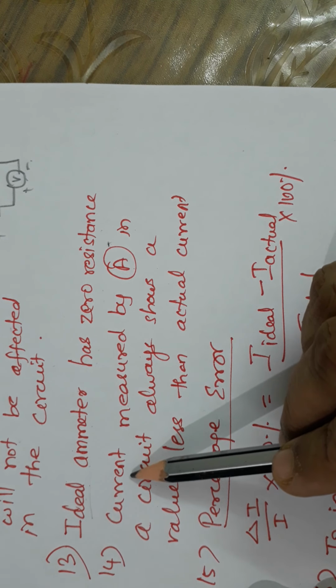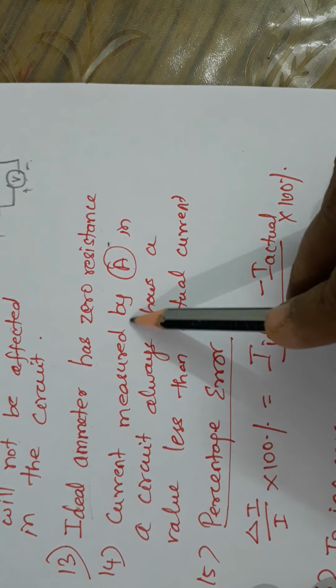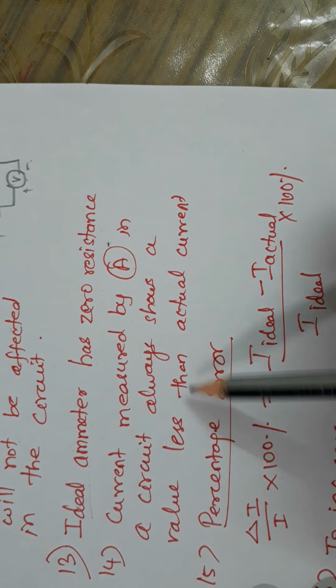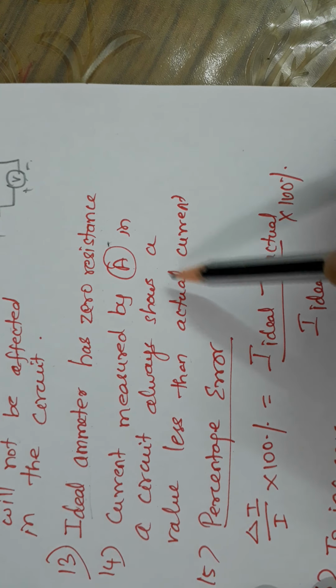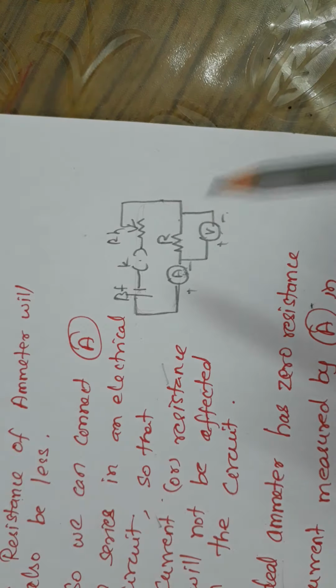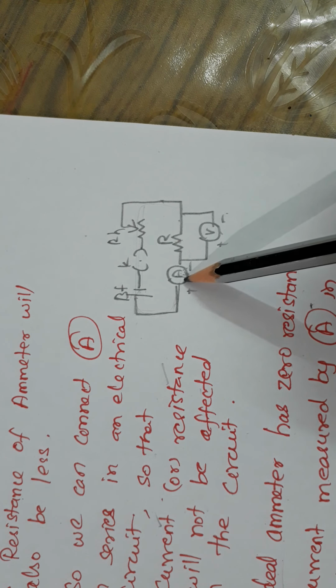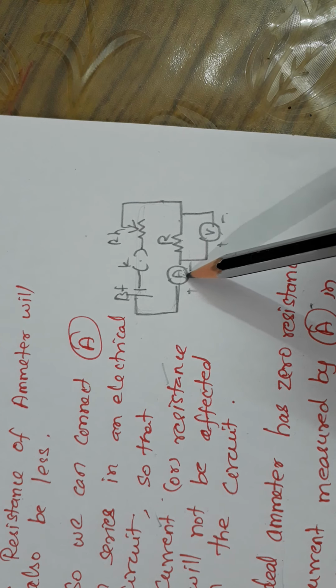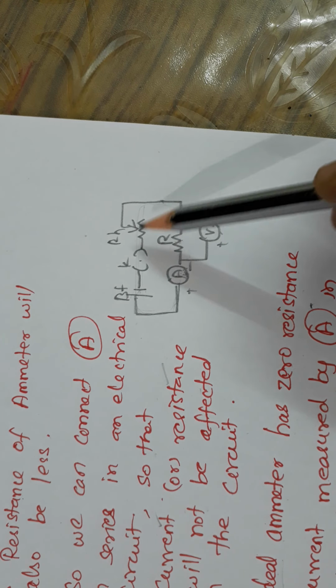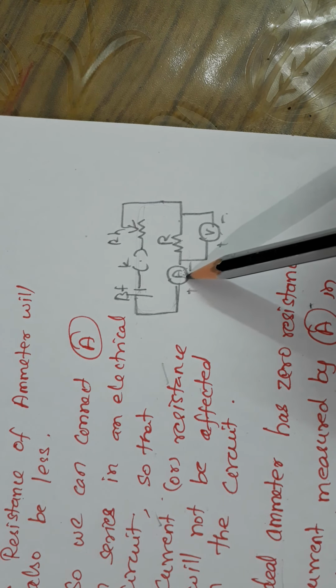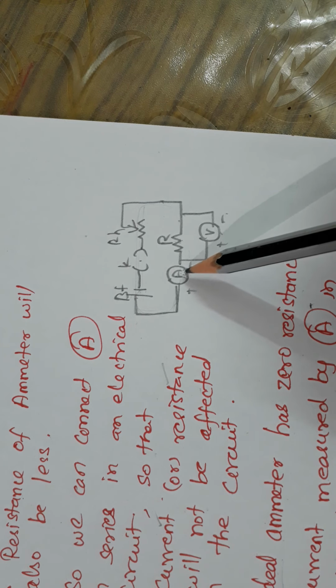Next point you can write: current measured by an ammeter in a circuit always shows a value less than the actual current. What I mean is, if this ammeter is going to record some current in the circuit, the value it shows is not the actual value. The actual current in the circuit is not shown by this ammeter. There will always be an error.